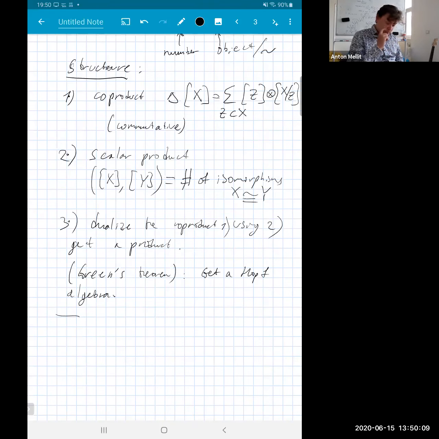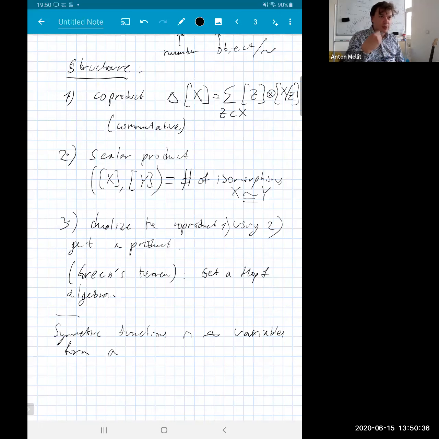Now, on the other hand, symmetric functions in infinitely many variables also form a Hopf algebra. Okay, maybe I should say bi-algebra.